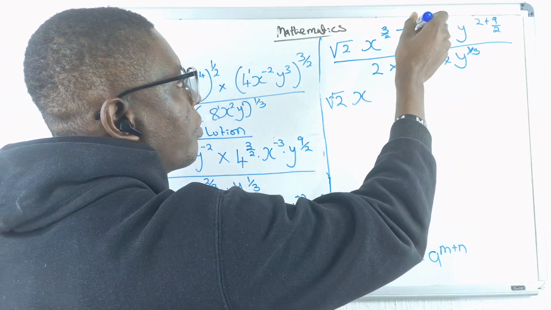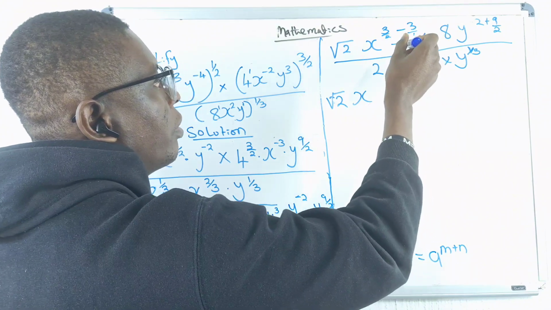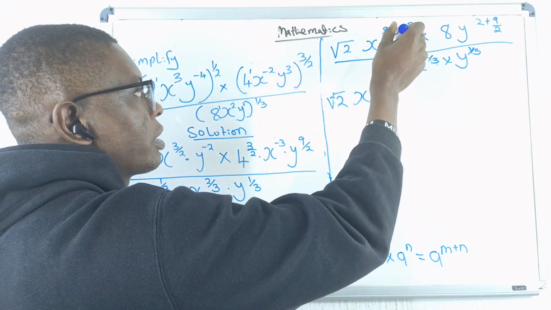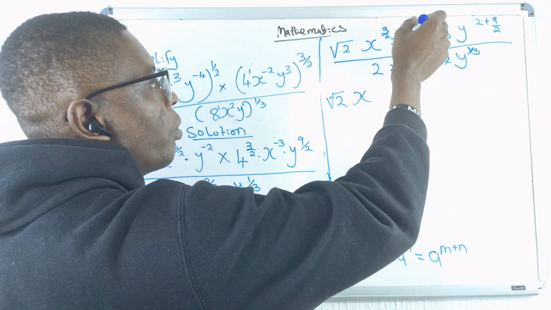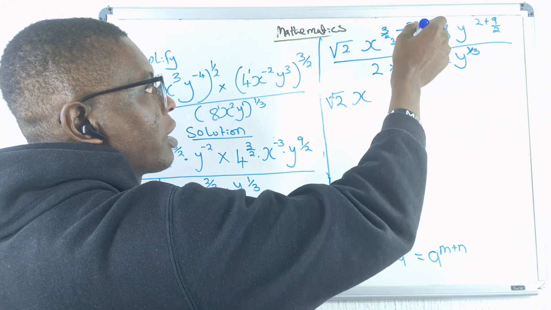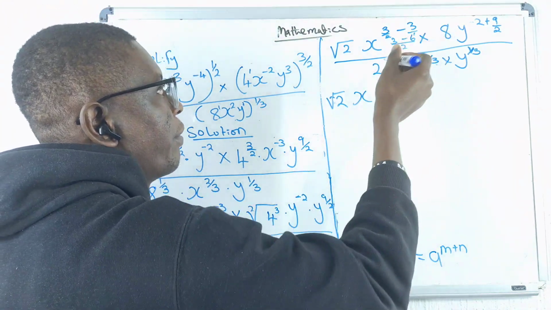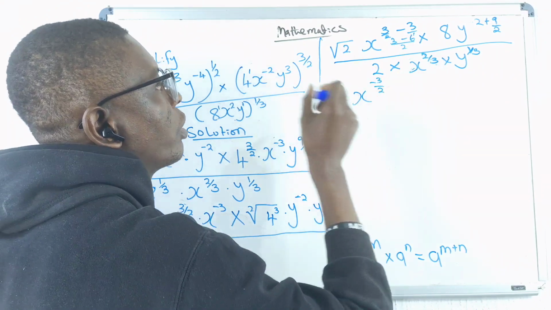Now taking LCM, if I should put 1 here over 1 and take the LCM, the LCM of 2 and 1 is what? 2. 2 into 2 is 1. 1 times 3 is 3. Minus 1 into 2 is 2. 2 times 3 is what? 6. So 3 minus 6 is what? Minus 3 over 2. So we are left with minus 3 over 2.